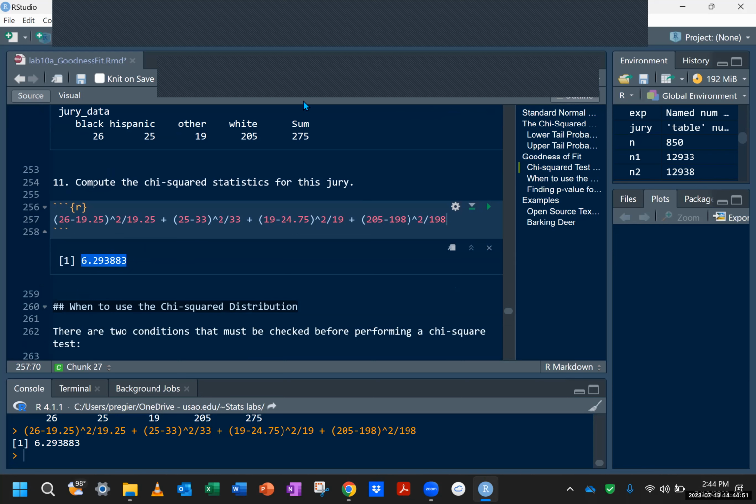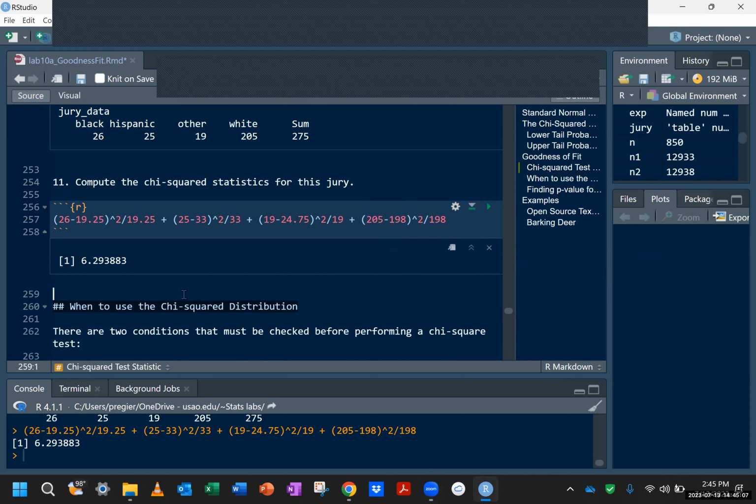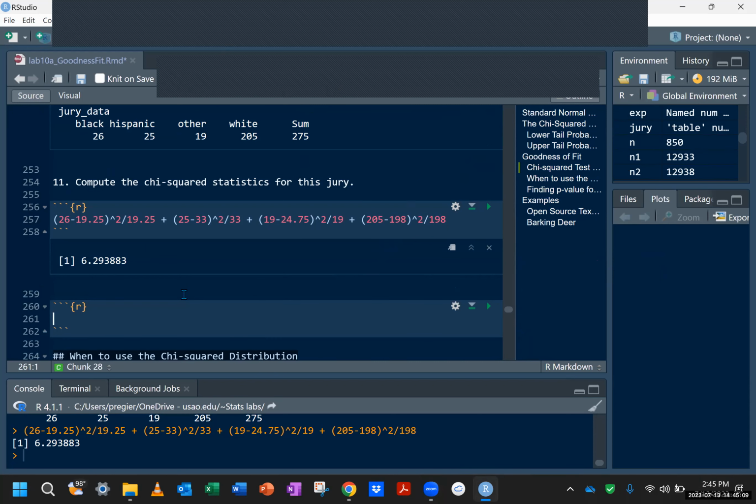This is the number that falls on our distribution. We draw our distribution. Wherever this value is on our distribution, that's what our data tells us. So I just want to show you another way to do this if you want to save time.